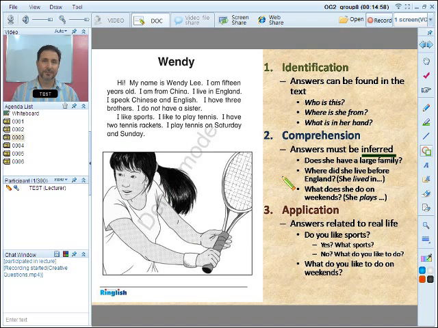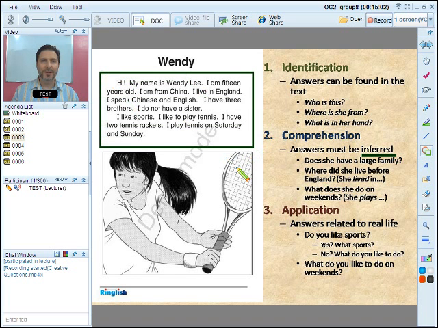In other words, the answer to your question is not going to be immediately noticeable in the text, as far as having the exact, quote-unquote perfect answer. So, for example, does she have a large family? Now, if the student's level is high enough, they should be able to give you an answer here.